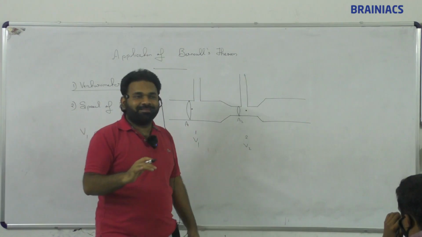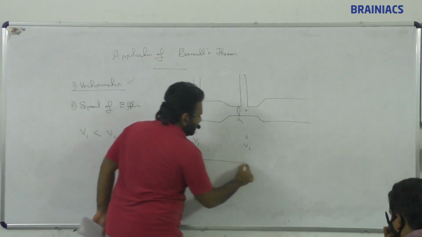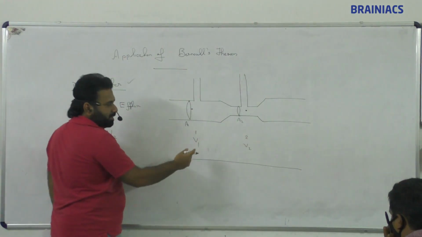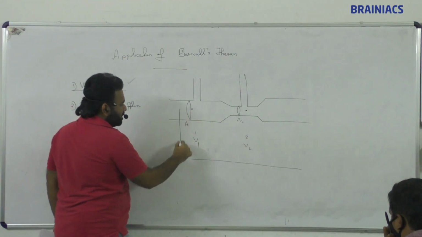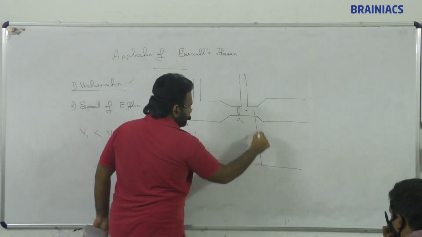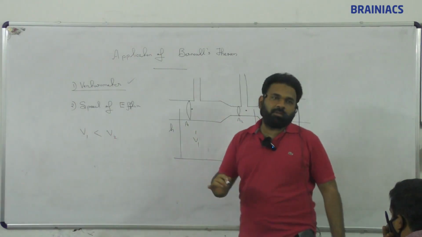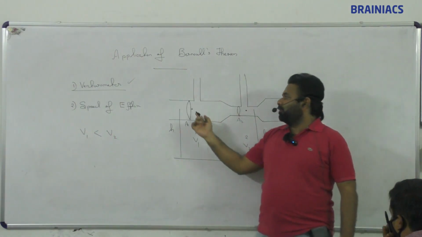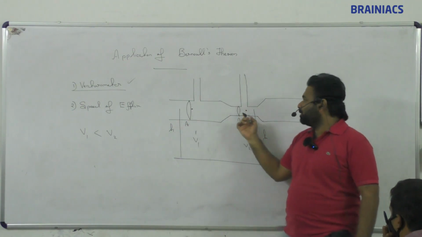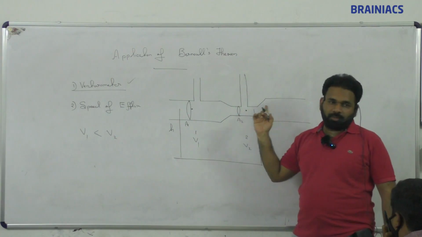Others? Suppose I consider this as a reference, this height and this. Not because of that. What is the other reason? Along the same line, pressure will not be equal.